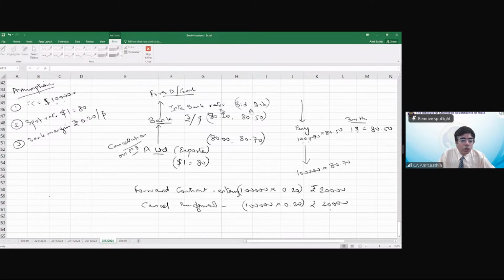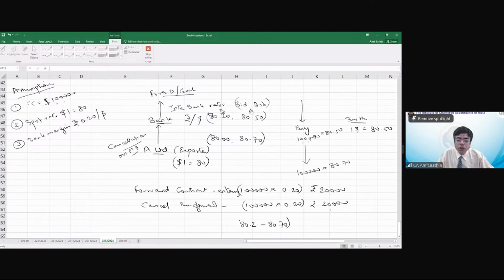Now, originally, pay attention now. Originally, you had entered into a contract that you will sell. You will sell how much? You are going to sell 100,000 at 80.2. Am I right? At 80.2, you are going to sell USD to the bank, and now you are buying at 80.70.